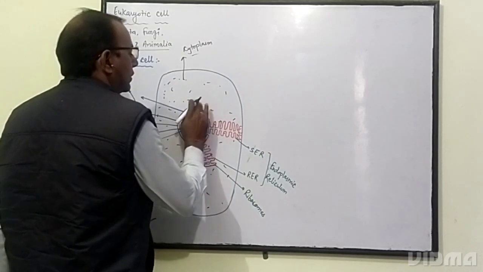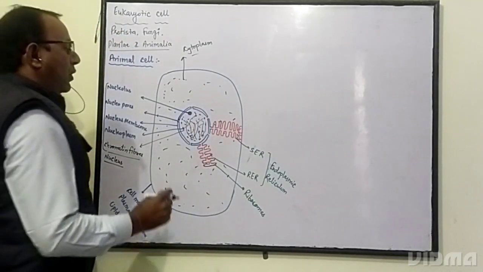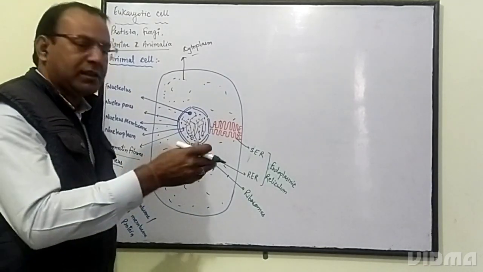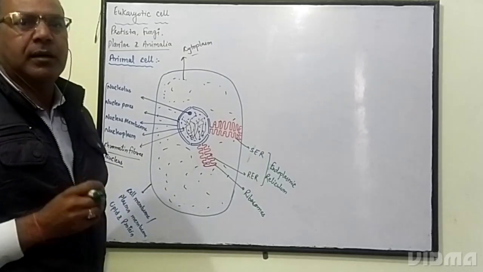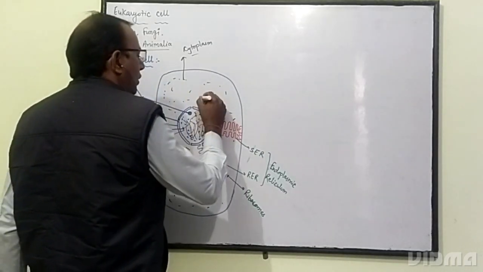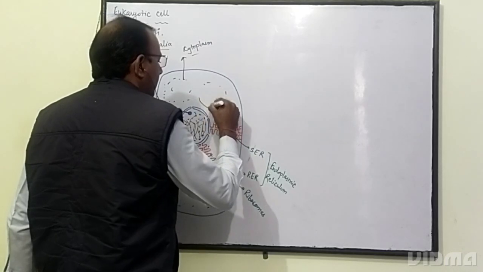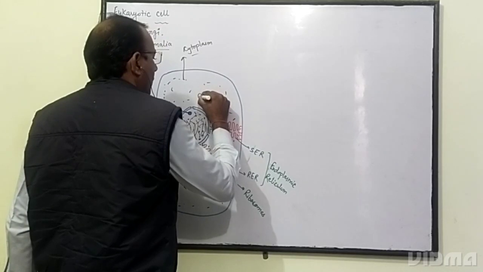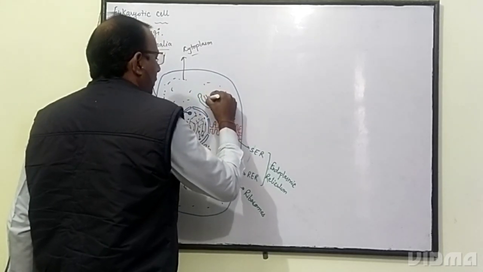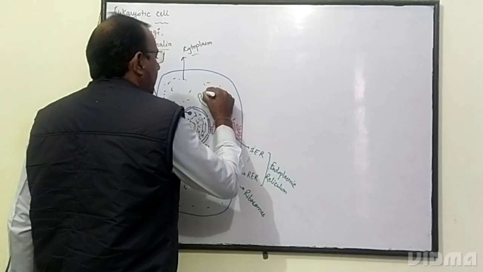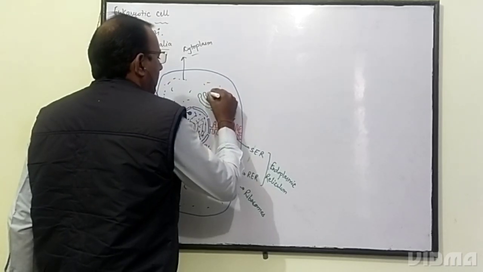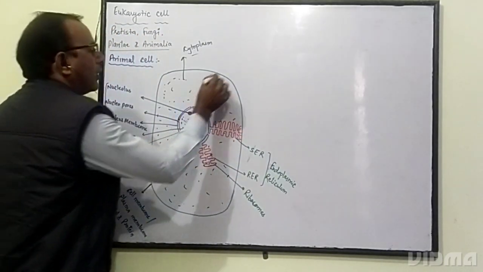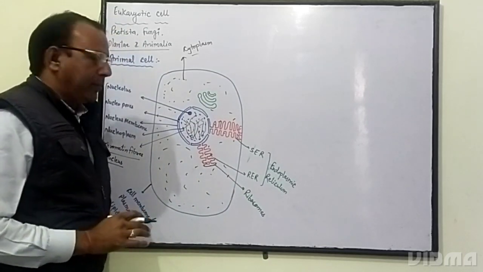Another cell organelle is the Golgi body, which was proposed by Camillo Golgi. What is the role of the Golgi body? We will discuss it later, but firstly, it helps in packaging material. The Golgi body has two surfaces, one convex and the other concave. In an animal cell, the convex portion remains toward the nucleus and the concave portion towards the plasma membrane.